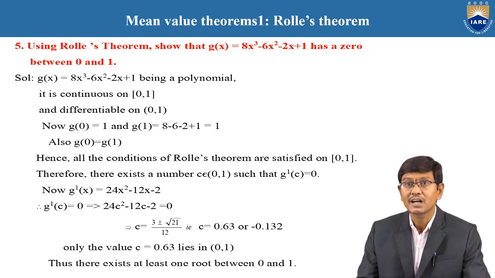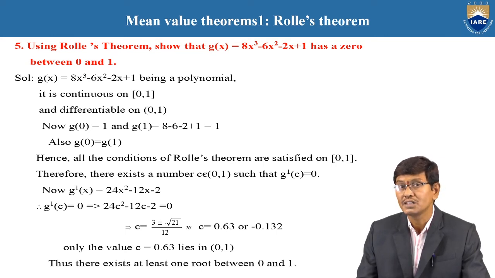Observing these two points, one of the roots lies in between a comma b, that is 0.63 lies in between 0 comma 1. Why? Because according to Rolle's theorem, whatever c value we get, at least one point lies in between a comma b. Based on this conclusion, one of the values, 0.63, lies in between 0 comma 1.